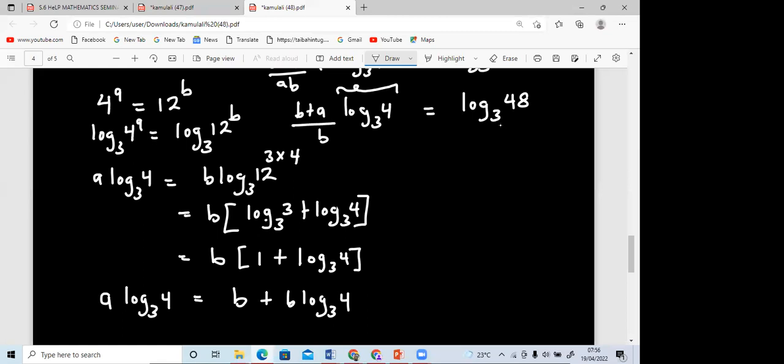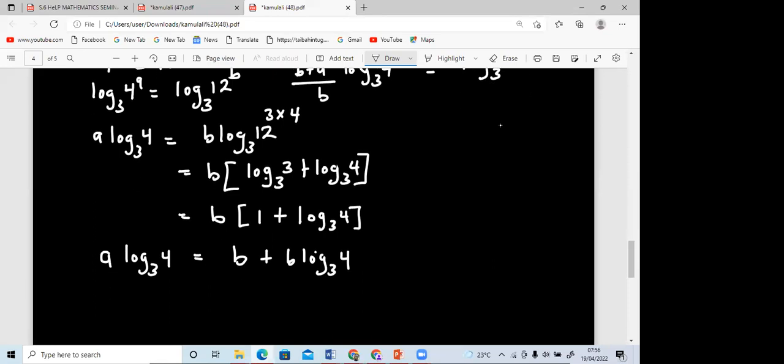So when I make log base 3 of 4 the subject, I'm going to have this one come over to this side. So I have a minus b, log base 3 of 4 equaling b.